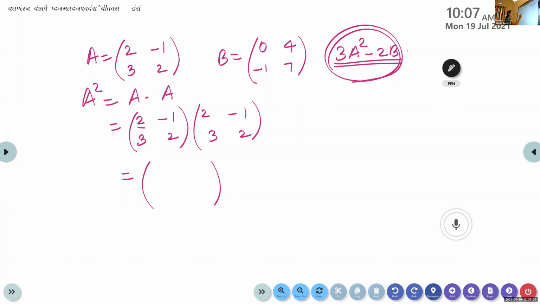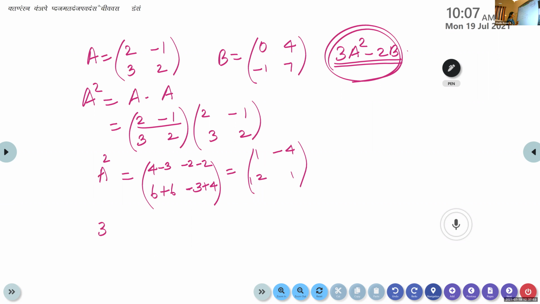Row with column. First row with first column: 4 minus 3. Then minus 2, minus 2. 6 plus 6. Minus 3 plus 4. So we get 1 minus 4, 12, 1. This is A square.